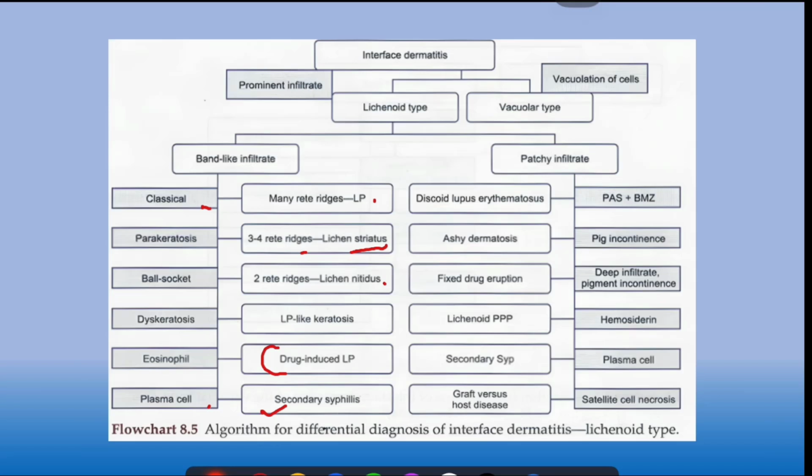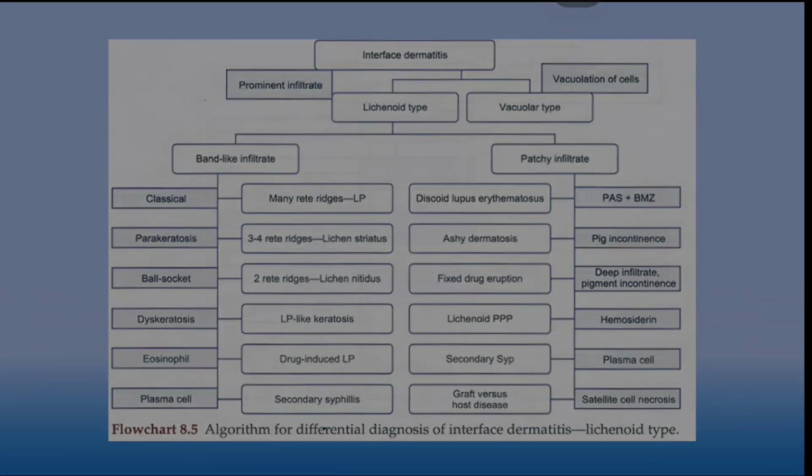Deep infiltrate with pigment incontinence, this is fixed drug reaction. Hemosiderin if present, then lichenoid purpura; plasma cells if present, secondary syphilis; and satellite cell necrosis, if it is there, it is graft versus host disease.